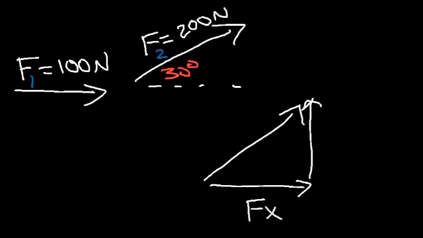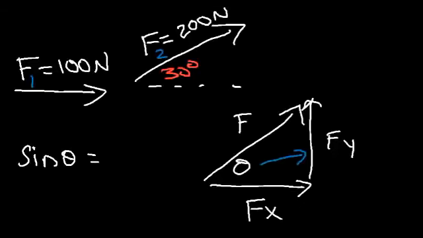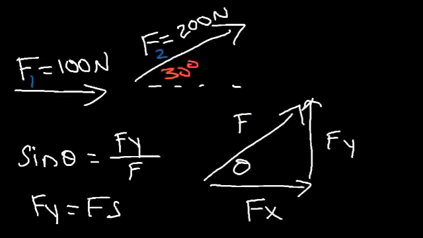Let's say this is Fx, Fy, and F. Sine theta, based on SOHCAHTOA, is equal to the opposite side divided by the hypotenuse. So that's the SO part in SOHCAHTOA. O is for opposite, H is for hypotenuse. So sine theta is Fy divided by F. So Fy is F sine theta. Remember this equation.